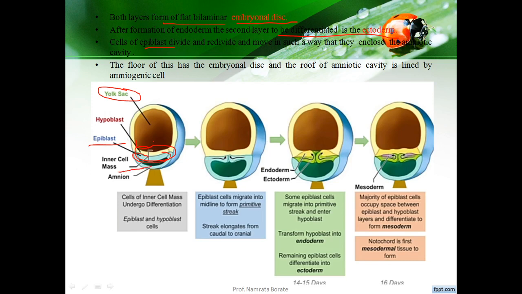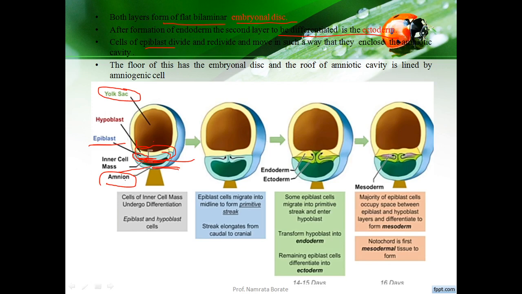The roof of the amniotic cavity is lined by the amniotic cells and the floor is the epiblast. The floor has the embryonal disc. Means here there is the embryonal disc and here there are the amnion cells. Afterward, the amnion cells divide and redivide and form the amnion.